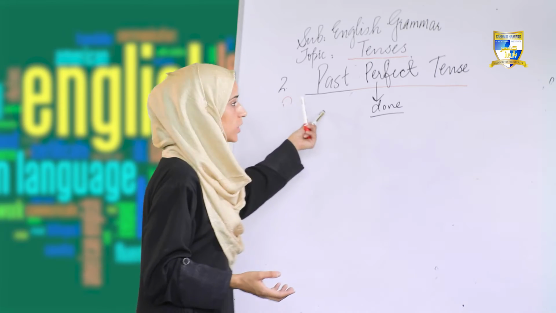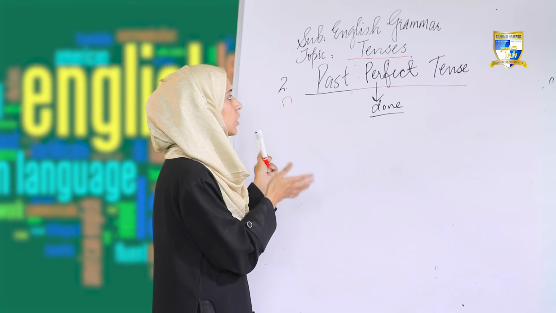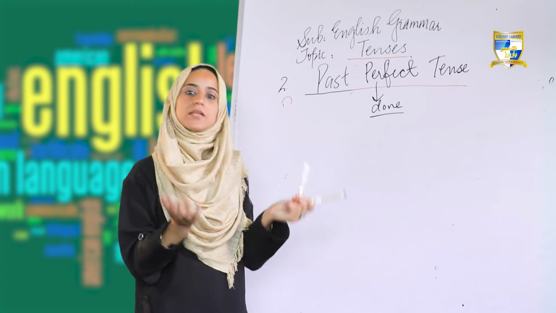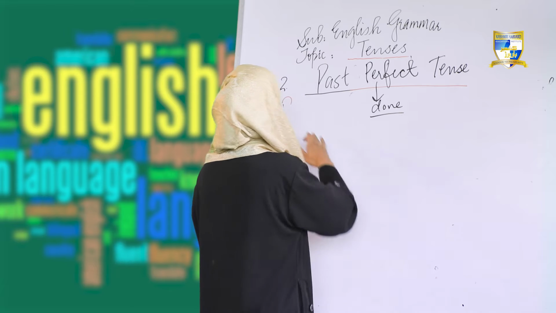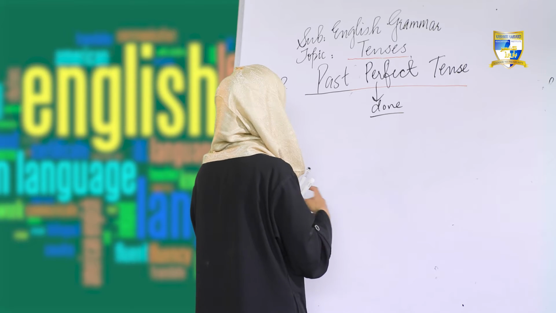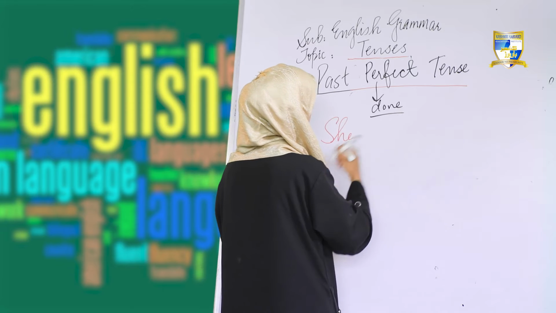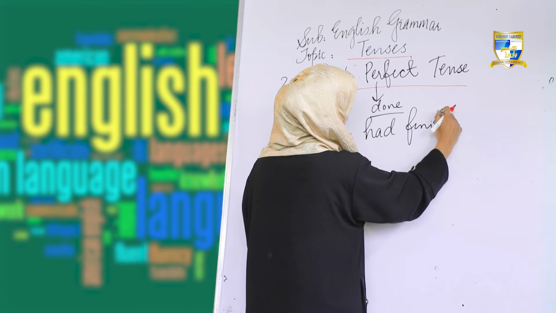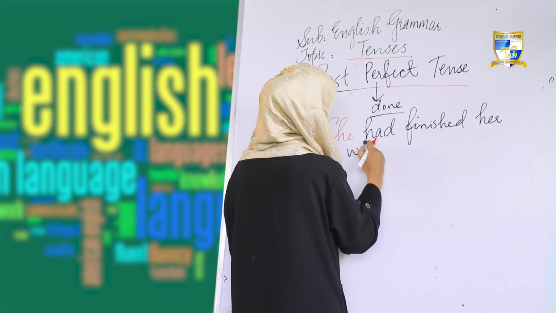So the same is the case with past perfect tenses, just one difference: here you are talking about an action that happened in the past, but the effect of the action was still felt, it was still there. Let me take an example. She had finished her work.